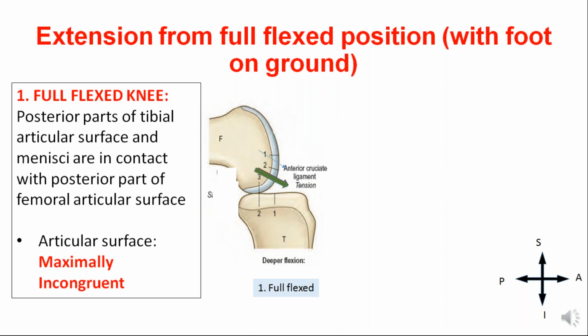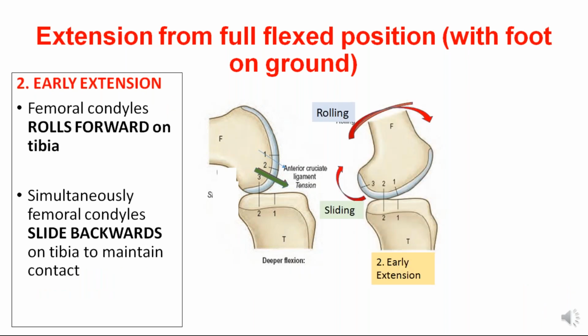So while you are sitting, you were in the flexed position. When you fully flex your knee joint and then begin to extend it, that is the early stage of extension. What happens in the early stages of extension from the fully flexed position? The femoral condyles roll forward. Simultaneously, the femoral condyles slide backwards on the tibia.